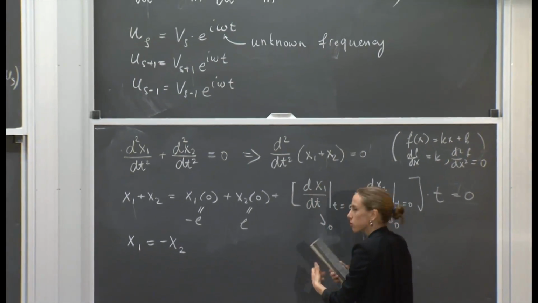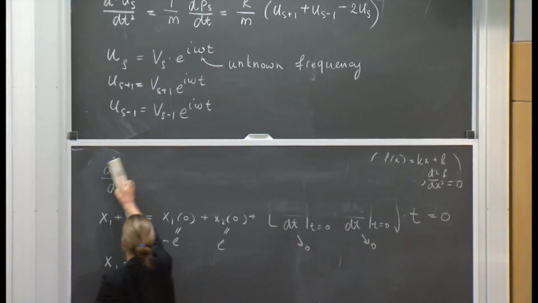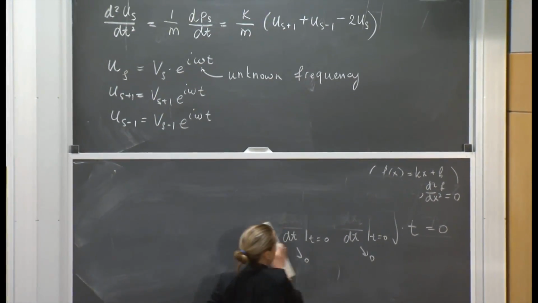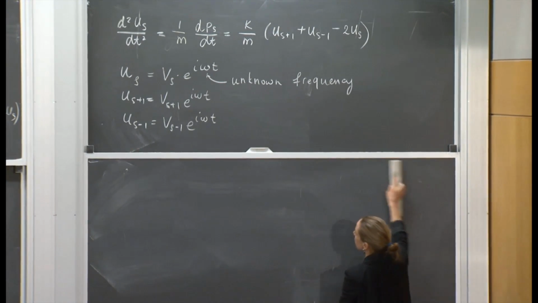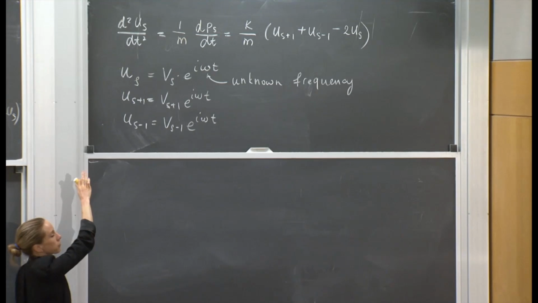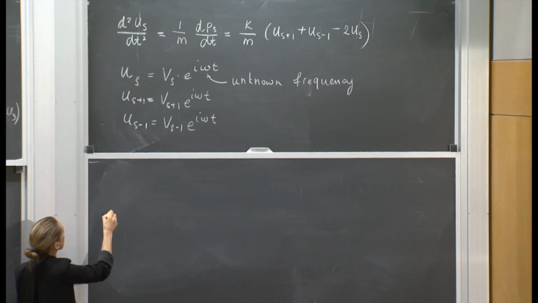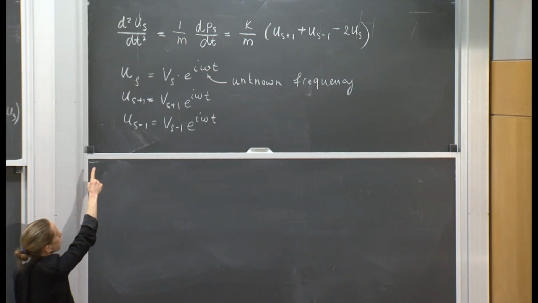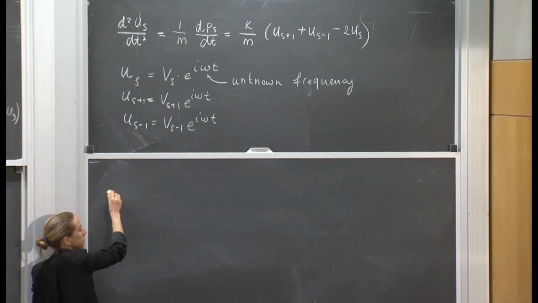So if we substitute our guesses about the form of this solution into the equation, what we are going to end up with will be the second derivative of u_s, which will give us what?